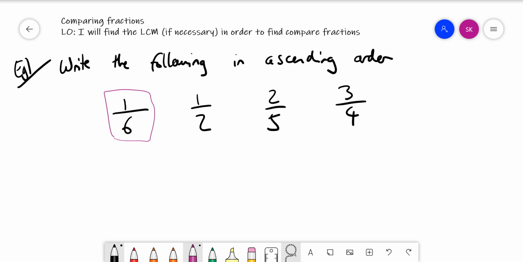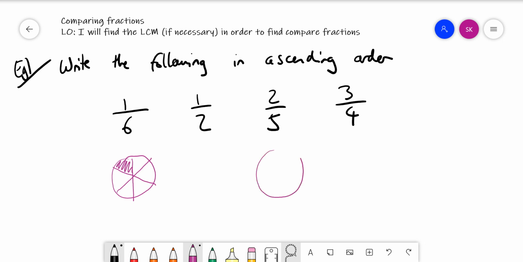If I drew them out as pictures, get my little pizzas going again, 1/6 is just 1 out of 6, so it's obviously much less than a half. 2/5 is 2 out of 5, and it's obviously less than a half. So we know that these two are going to be smaller than a half.